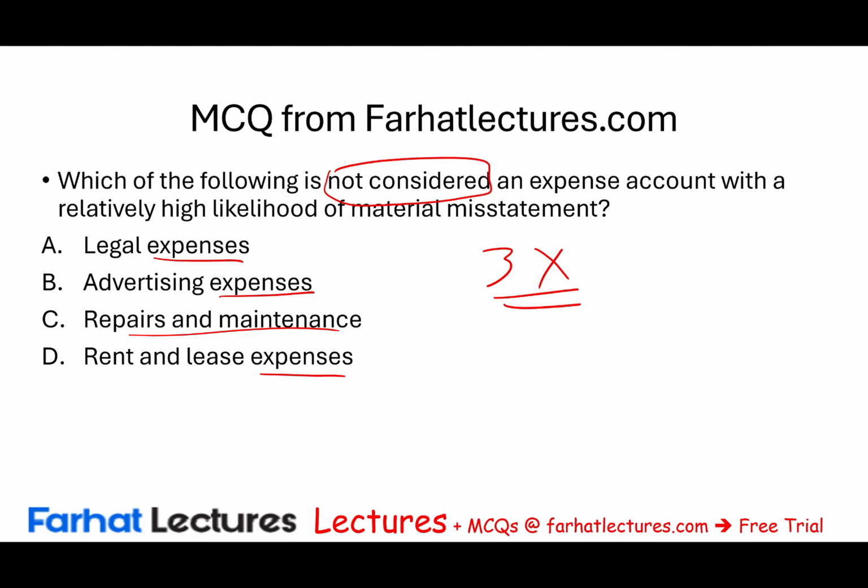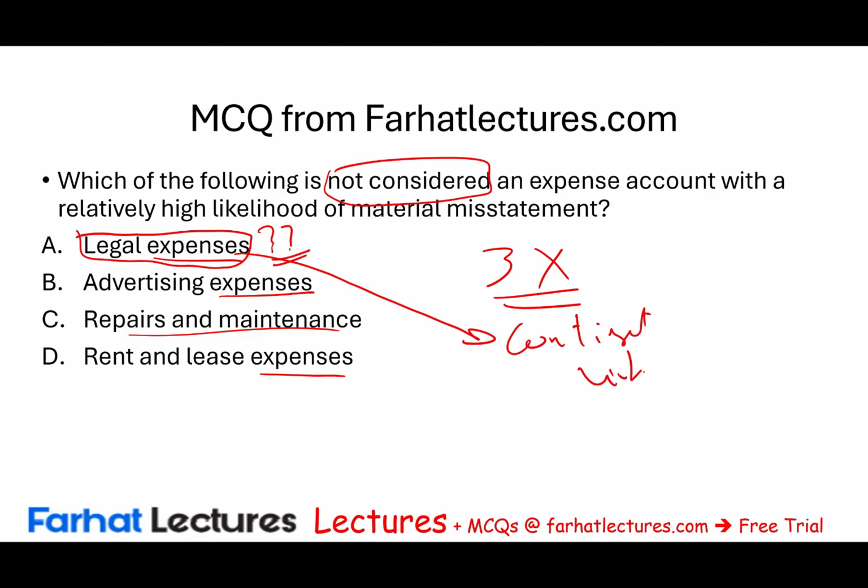So let's go one by one. See, legal expenses. What's the motivation in legal expense? If we are hiding a legal bill, what could be the motivation? Do we have an incentive for the company to hide a legal expense? And the answer is yes. Why? Because legal expense could show a contingent liability.